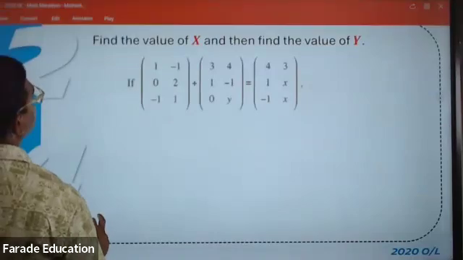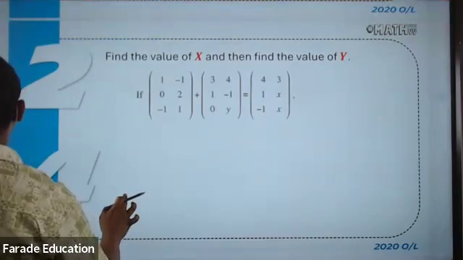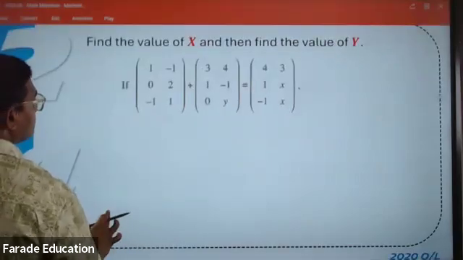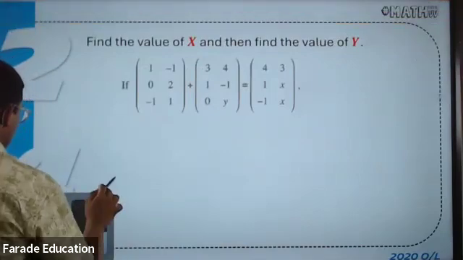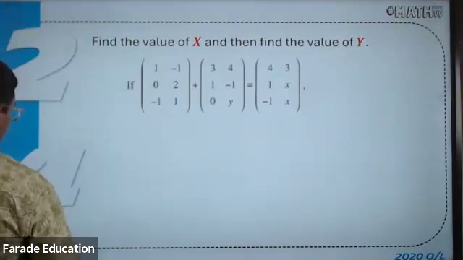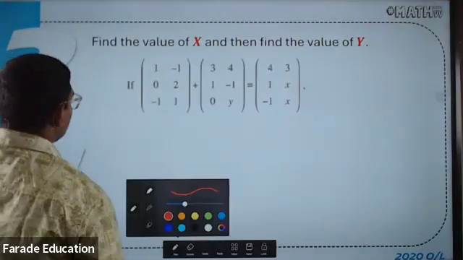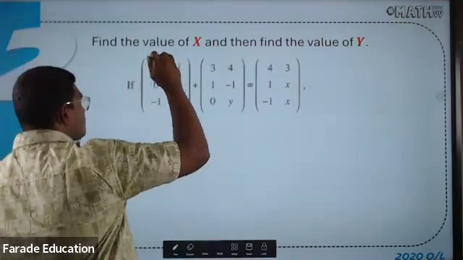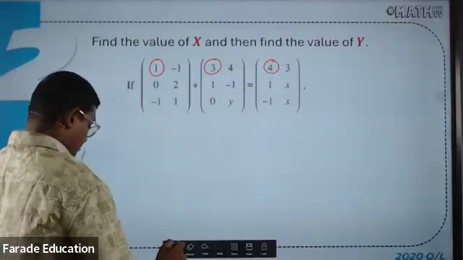Question number 24, matrices. Addition of matrices is very easy. There's no complication at all in addition. You just add. Here 1 plus 3 is 4.